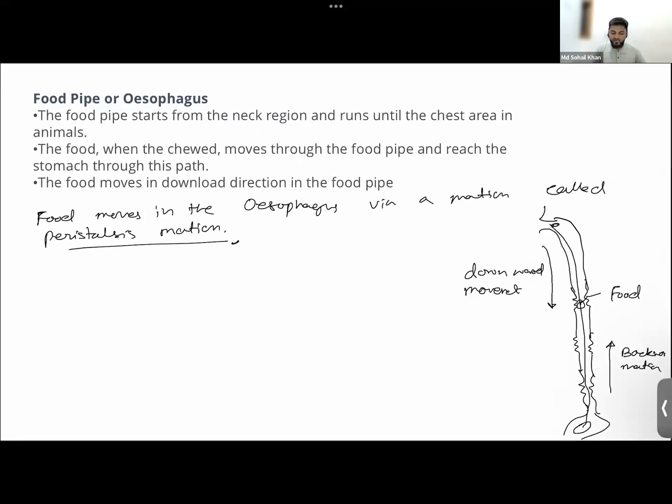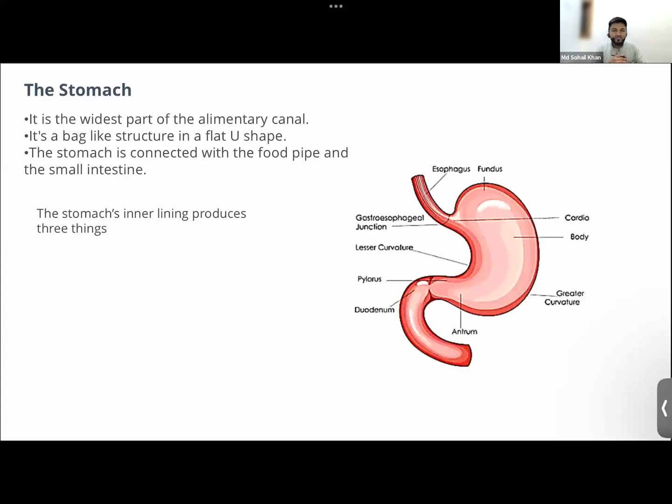Now moving on, we have another J-shaped structure here. Sorry, a U-shaped structure here. If you guys see here, that is basically the stomach. So what is the function of the stomach here? See, it is a bag-like structure, usually U-shaped, and it has a very crucial role here.